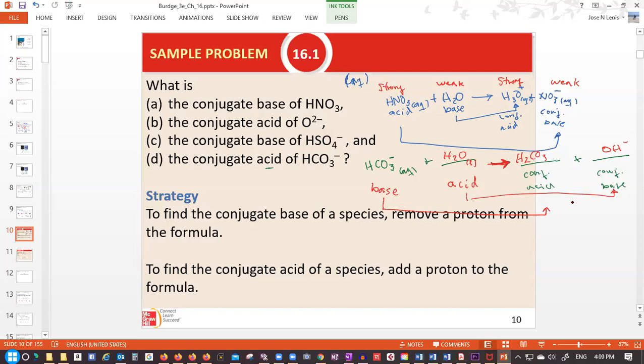Let's analyze the strength. This is a strong base because it has a negative charge and is willing to accept a proton right away, forming the conjugate acid. Therefore, this conjugate acid is a weak acid.